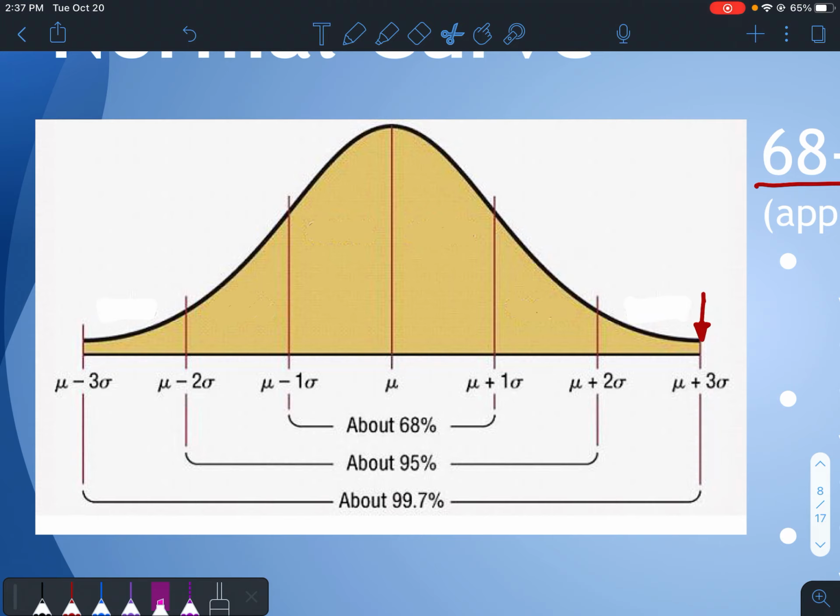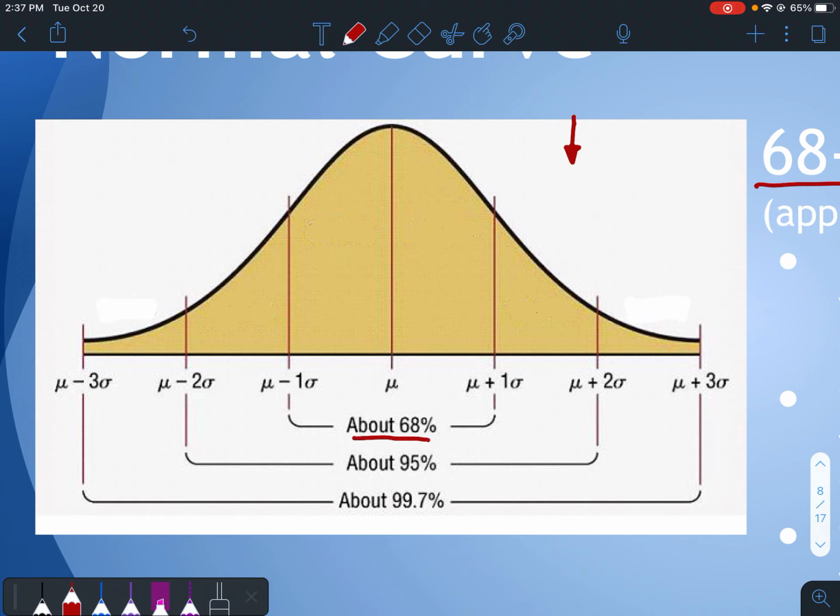So the further you go away from the mean, the more rare you become, because there's just simply less observations out here as you move out 1, 2 standard deviations above or below the mean. Over 2/3 of your data points are going to be within 1 standard deviation of the mean. So the bulk of them are right close to the mean. The further you go away, the more rare you become.